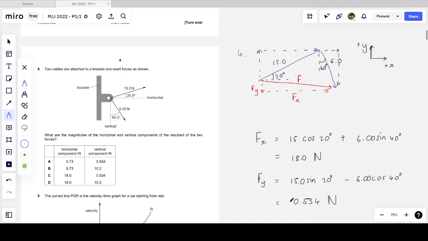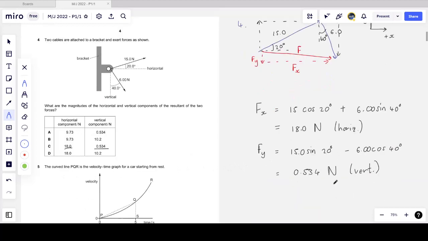Fx is 18, Fy is 0.534. That's the horizontal component, and this is the vertical component. And guess what? This corresponds to option C, 18 and 0.534. And so that corresponds to option C.